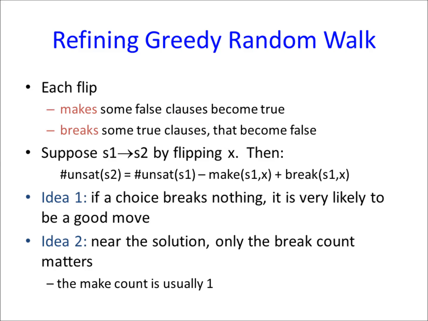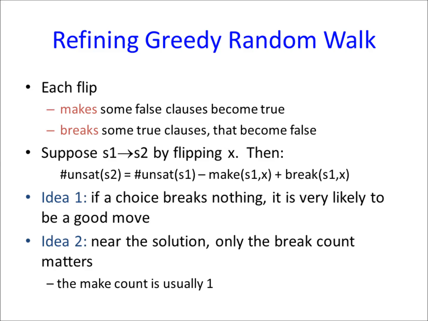Now this gets refined into something called WalkSat, which is the most competitive version of this. This was around early 2000, if I am not mistaken. The reason we are doing the random walk is because we want to get away from the local optimum. When most of the variables are assigned and there are just a handful of clauses that we are not able to satisfy, pretty much each flip is only going to make one clause true.